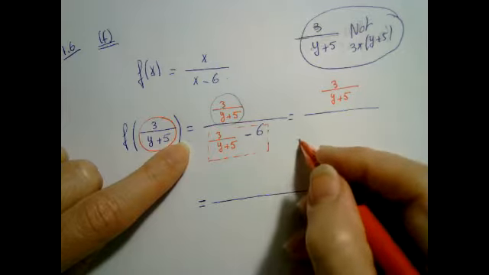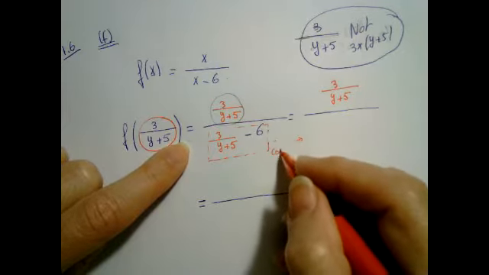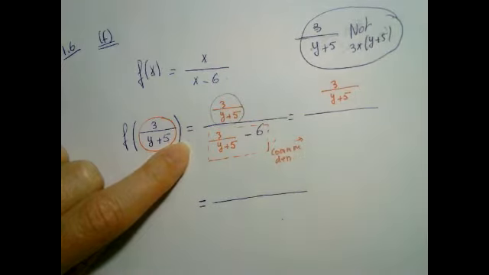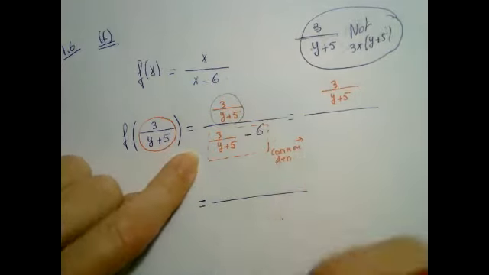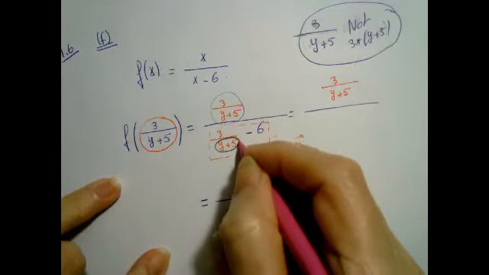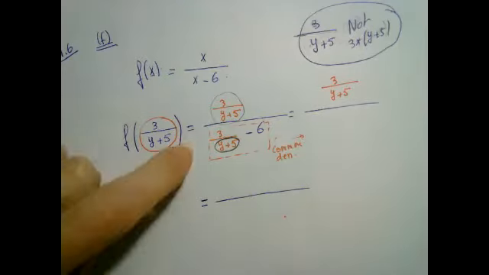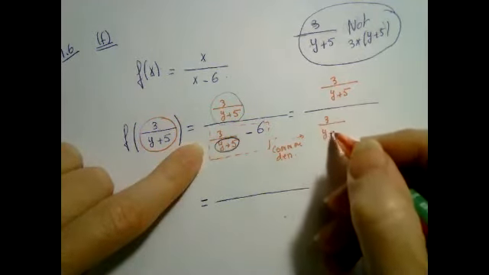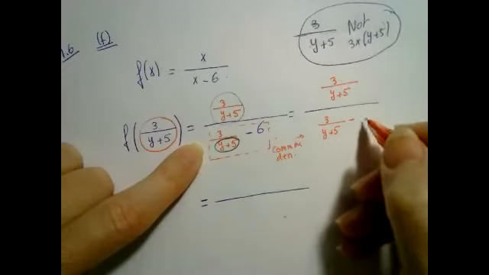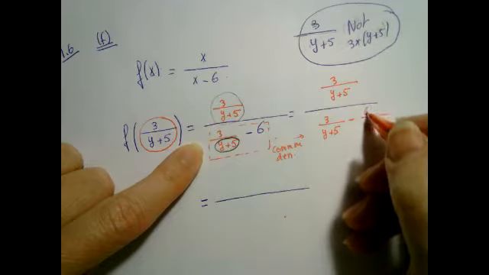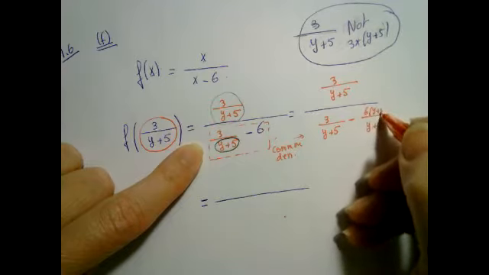So from here to here, what we're going to do is find a common denominator. Okay, the natural common denominator is the y plus 5. That's the common denominator. So we're going to write this as 3 over y plus 5 minus 6 times the y plus 5.